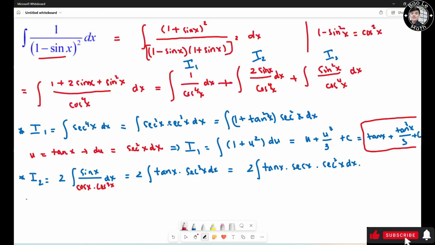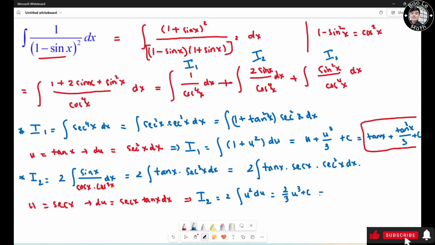Now we're going to use u substitution to solve this one. Let u be secant s. Then du equals secant s tangent s ds. So I2 is the same thing as 2 times the integral of u square du, so it's going to be 2 over 3 u cubed plus c.